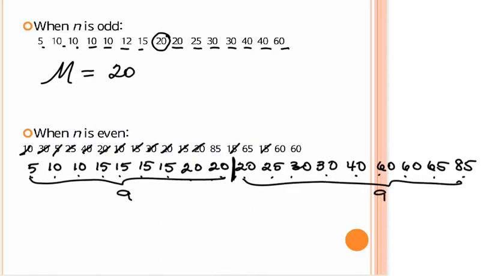So the average of the two numbers between them would be my number. Well, this one works out well because they're both 20. So guess what the answer is? 20! But if those two numbers were different, you take the two numbers, add them together, and divide by 2.